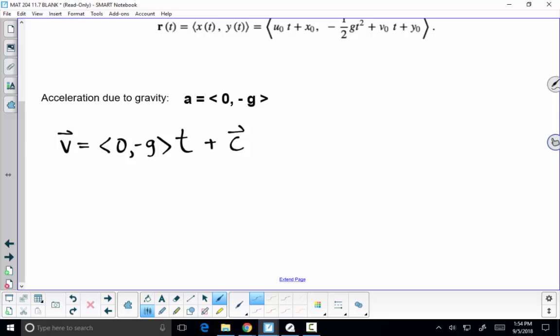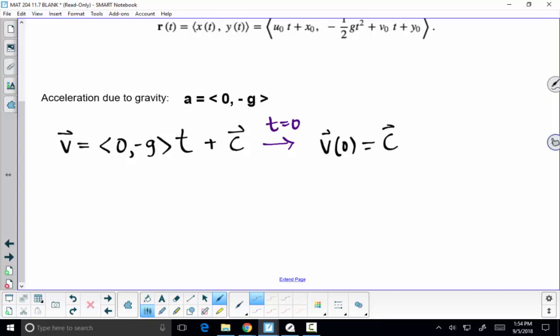Okay, let's plug in t equals 0. On the left-hand side we have v of 0, and on the right-hand side, if I plug in a 0 for that t, that term goes away. So the constant vector is equal to whatever that initial velocity is.